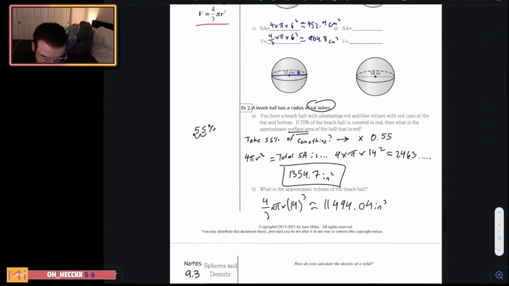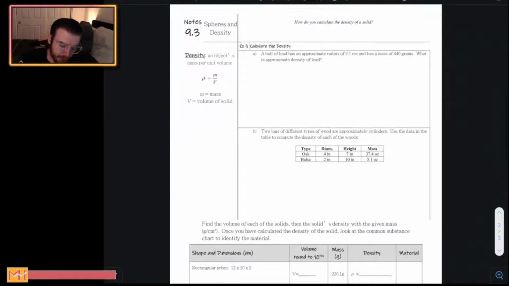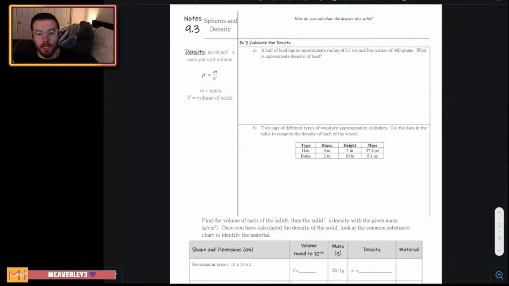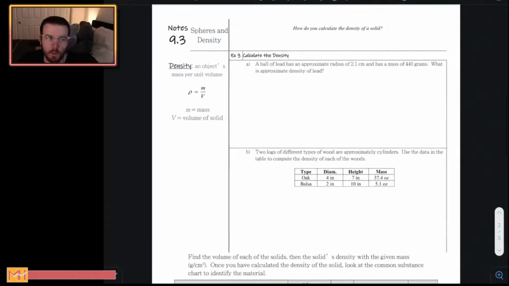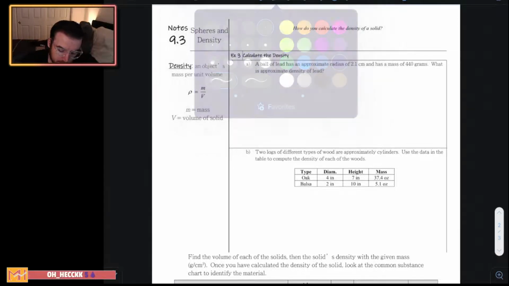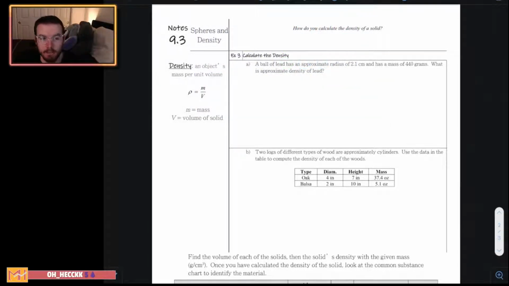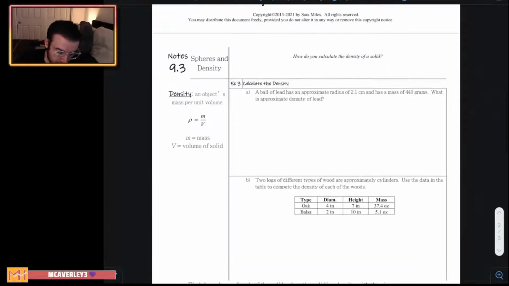Okay, when it comes to some application with volume, why do we care about volume? Volume is a big component of density. Remember when we talked about population density? I brought up density back then, even though it was only about population density, and I told you DMV.